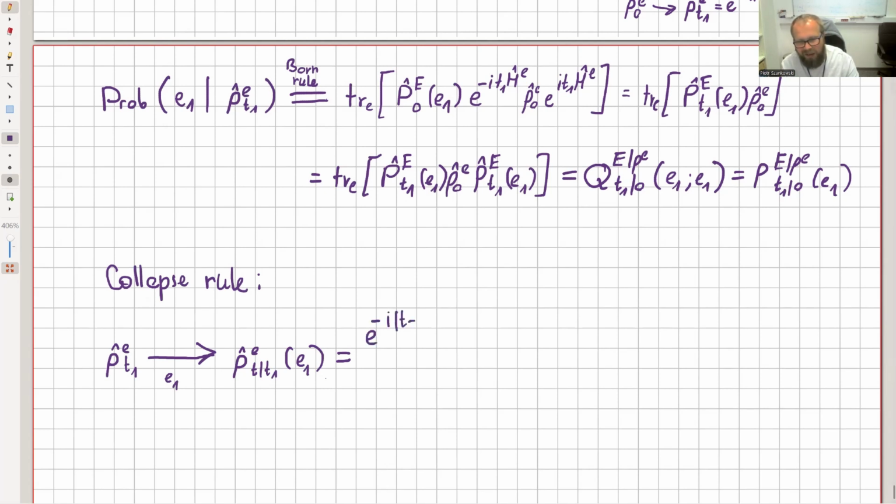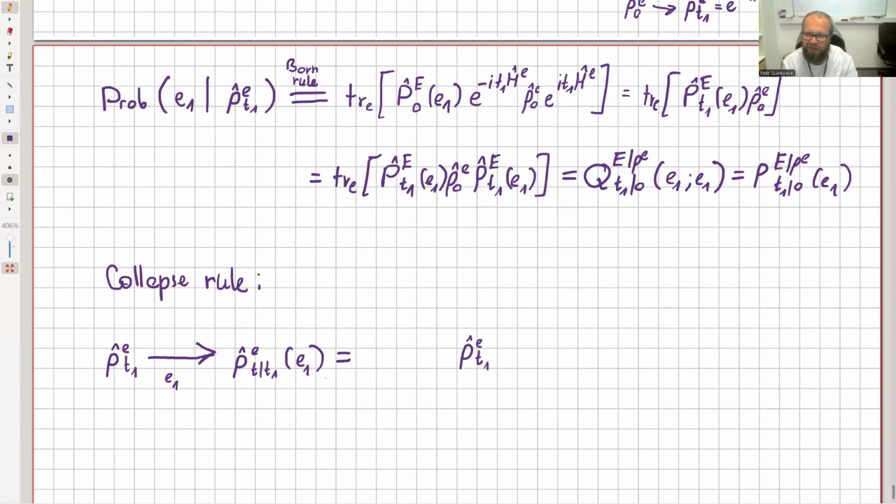And according to the collapse rule, this has the following form. So this is the evolution post-measurement, right? So we have a unitary evolution operator. Let me construct it differently. So we have the density matrix at time T1, at the time of measurement.